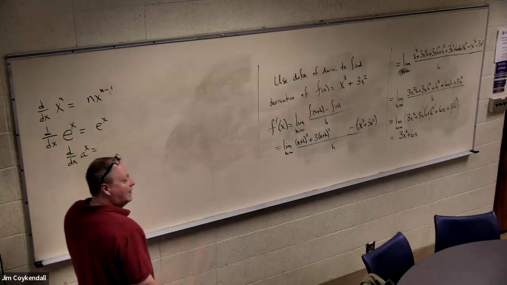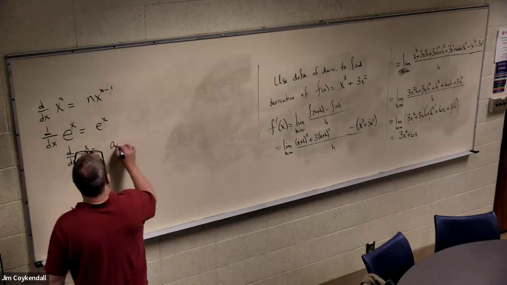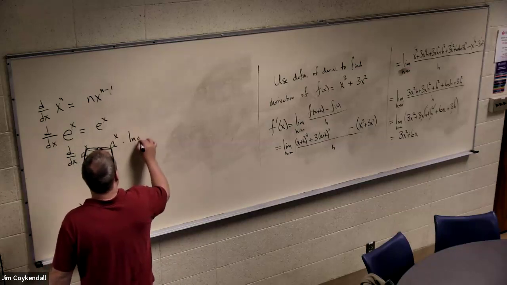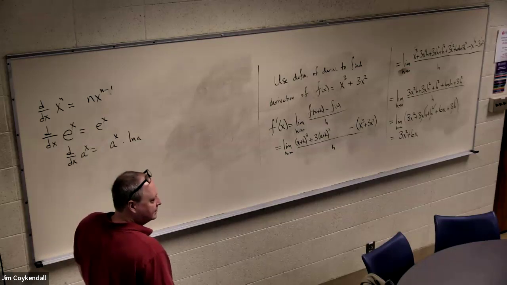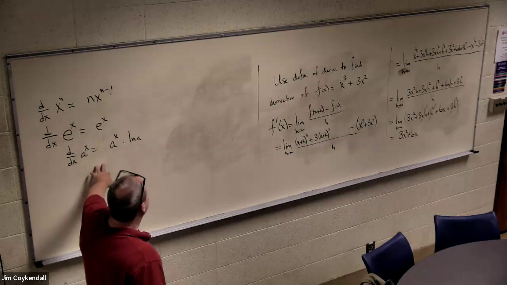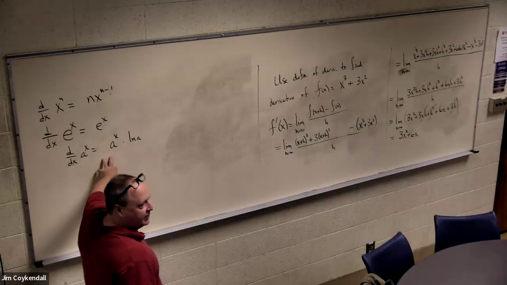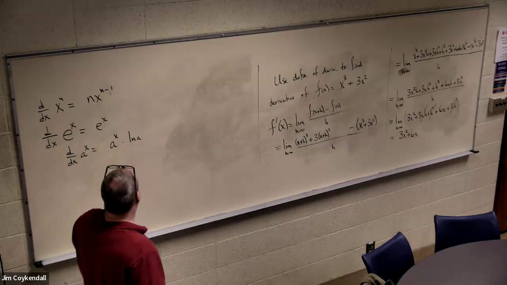This is a to the x, times the natural log of a. In a couple of sections, I'm going to show you why this is true. I wouldn't be surprised if you've seen this, and I wouldn't be surprised if you have not seen it.